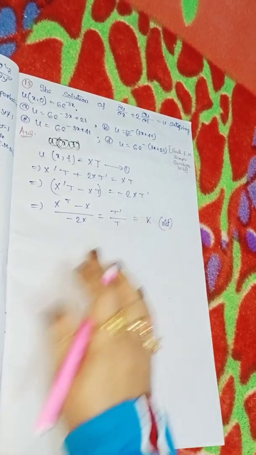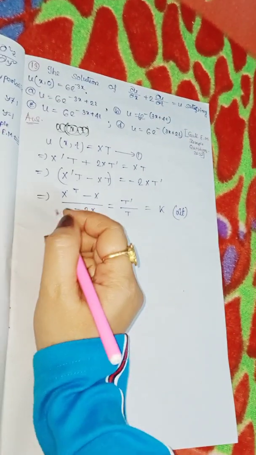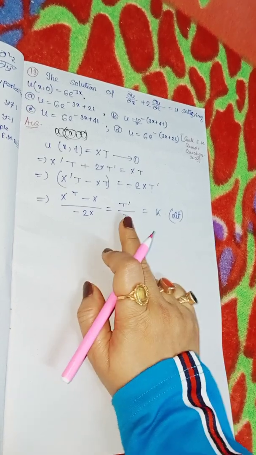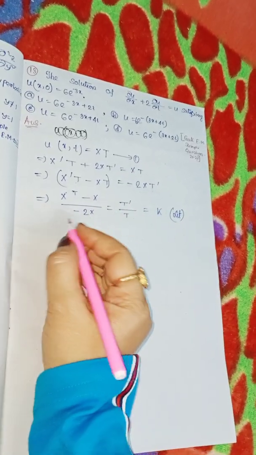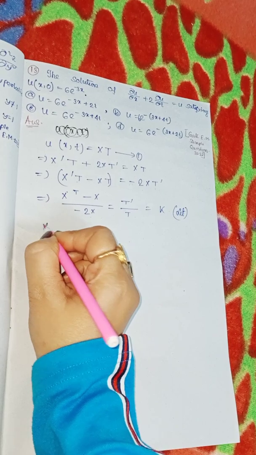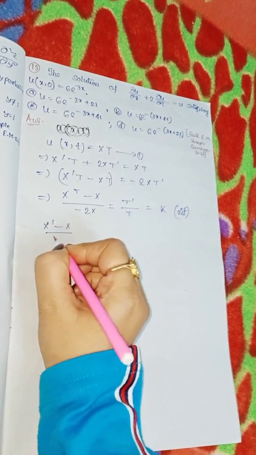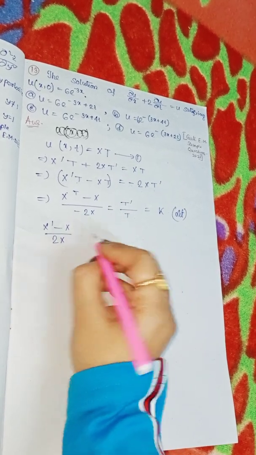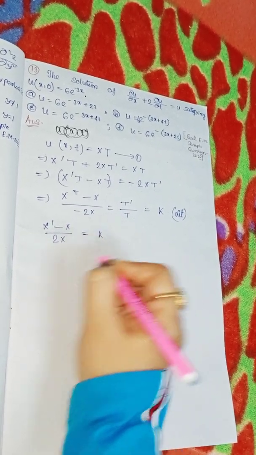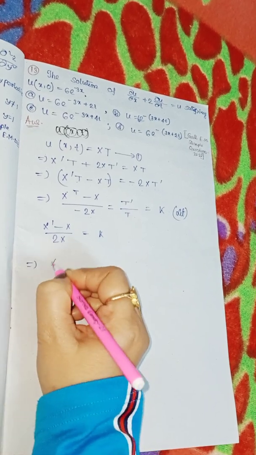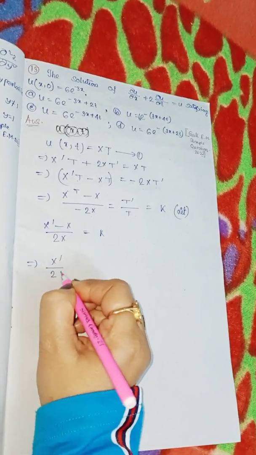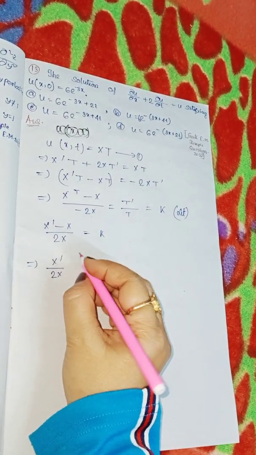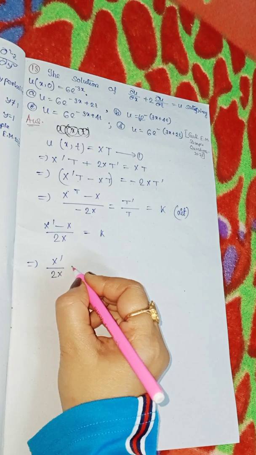So if this one is equal to k, the other one is also equal to k. So here (X' − X)/(2X) equals k.